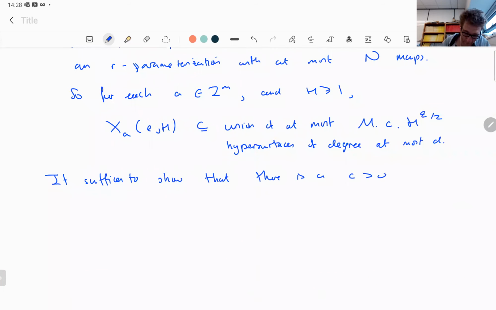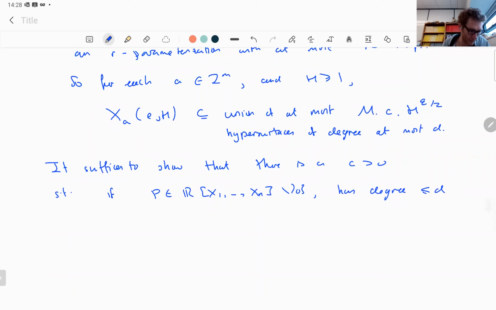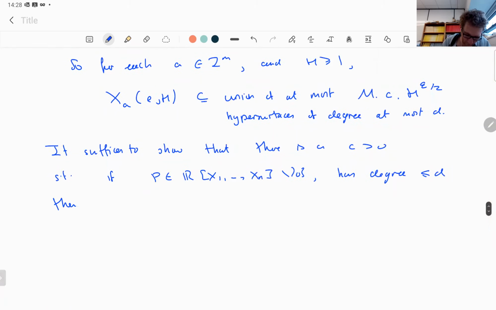There's a C such that if P is a polynomial of degree at most d, then the number of, let me write this out.